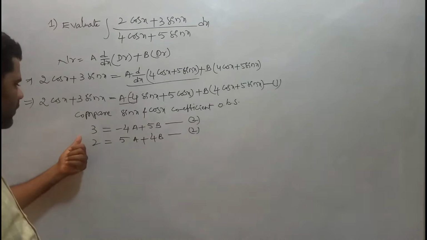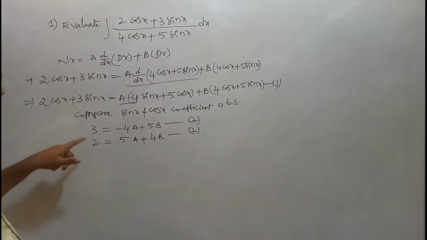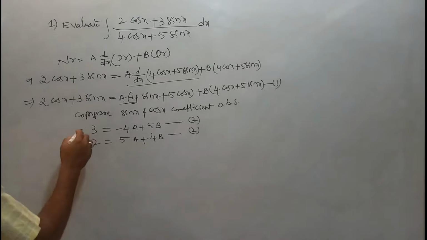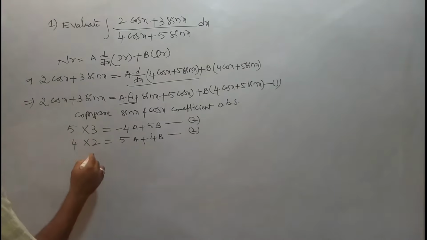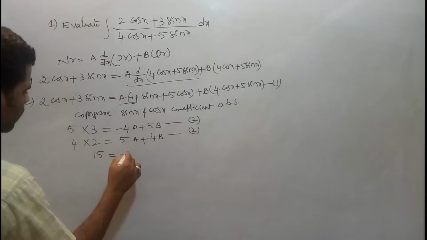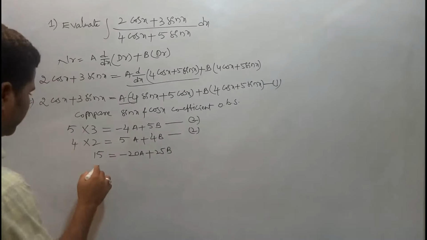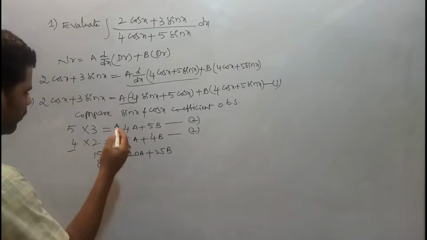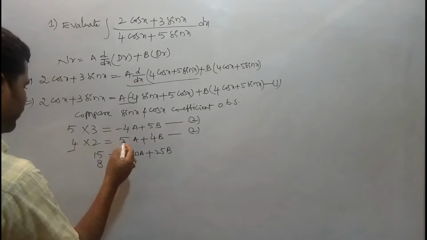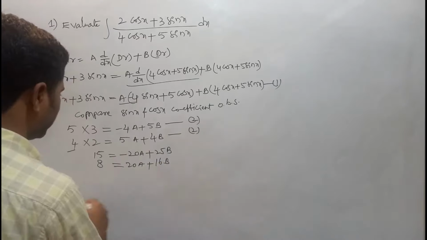Now multiply this by 4 and this by 5. So into 5 and into 4. 15 is equal to minus 20a plus 25b. 4 twos are 8, 4 into 5, 20a plus 16b.